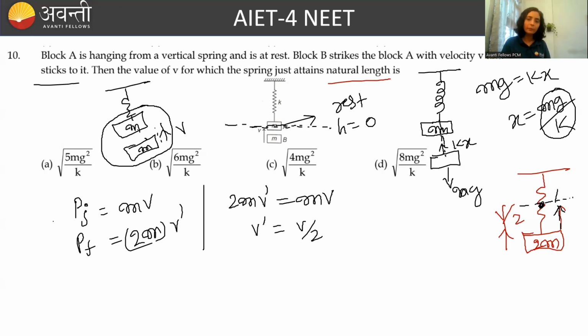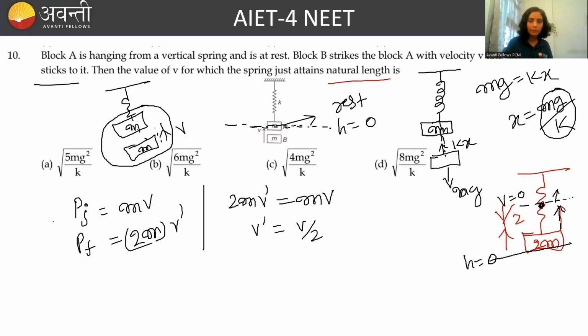That is why it is not able to go further up, and from that point it will come down again under the effect of gravity. So at natural length, the velocity of the system will become zero.